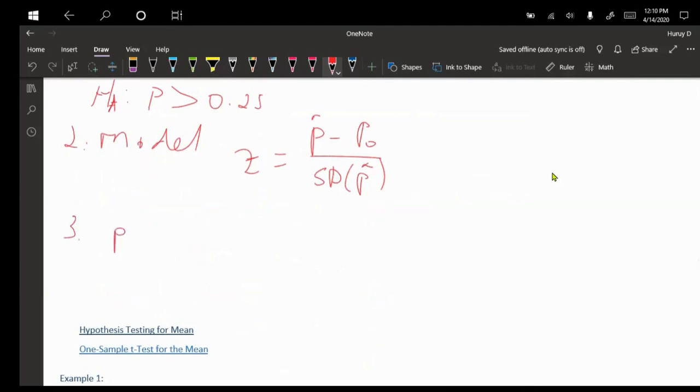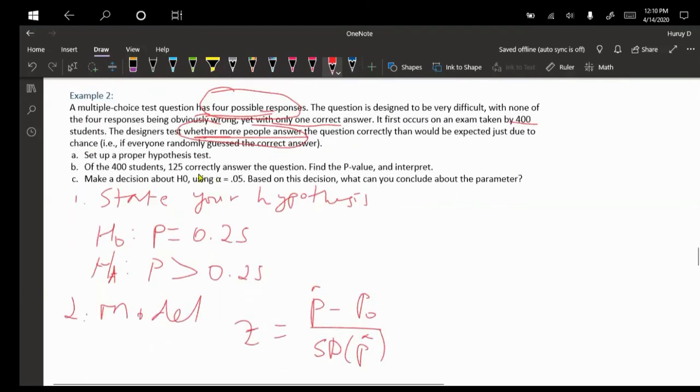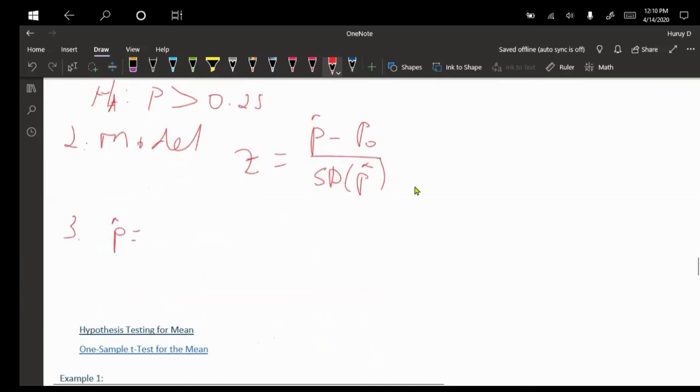Now, what is p hat? Here in part B, we have, of the 400 students, 125 correctly answered the question. Okay, so we have this, and we are asked to find the p-value. Of course, we have to find that one.